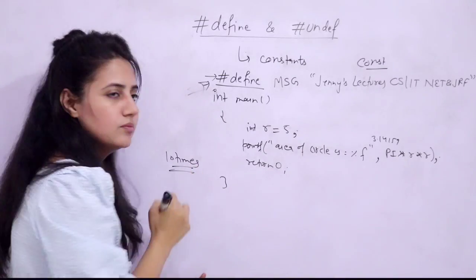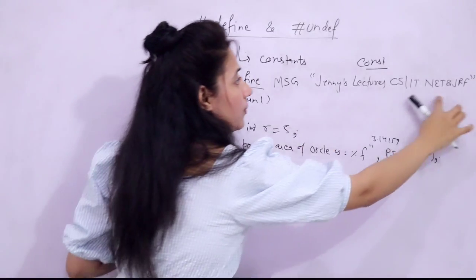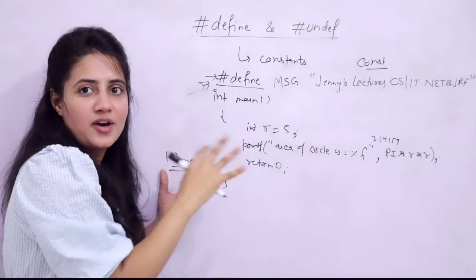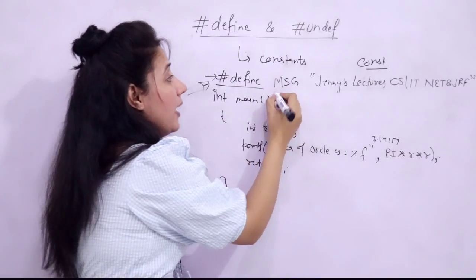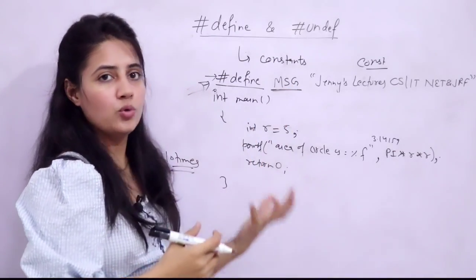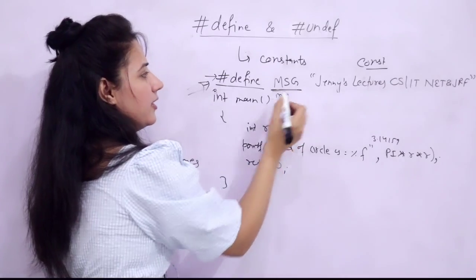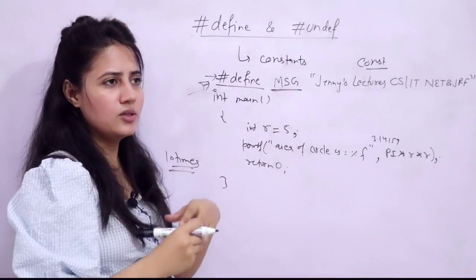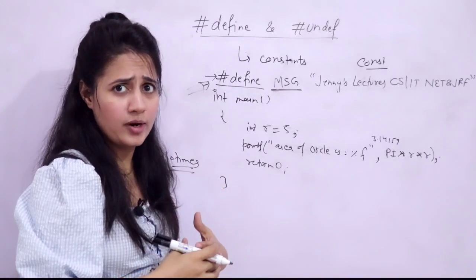Rather than writing this complete long message 10 times, it is better to define it with hash define MSG. Now why am I writing MSG in caps? It is a rule, it is recommended. It's not that if I write msg in small letters it would give an error, no. But it is a rule for better understanding of the program.